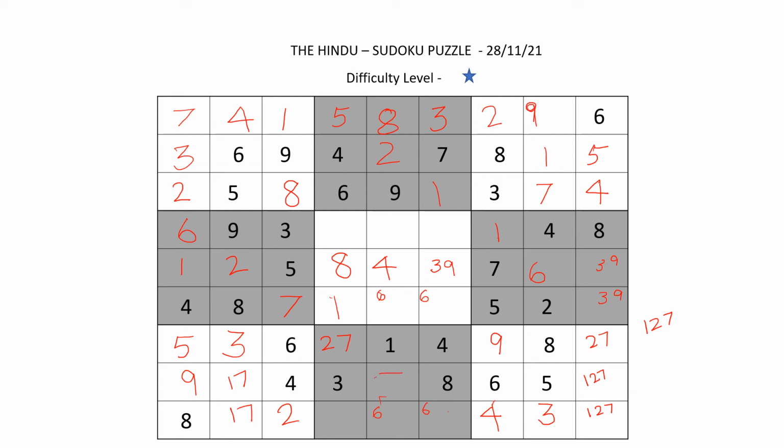So that makes this 1. That makes this 7. And this becomes a 2.